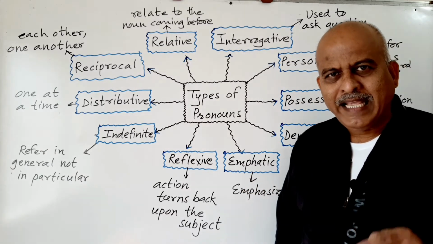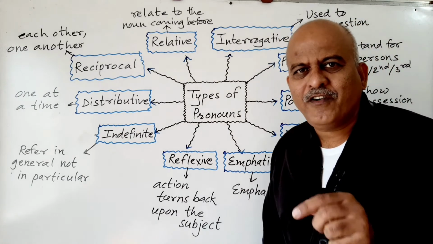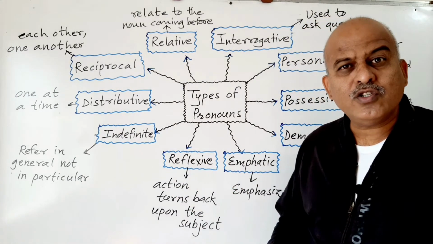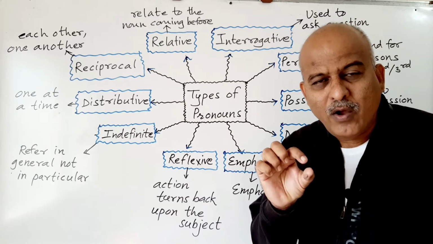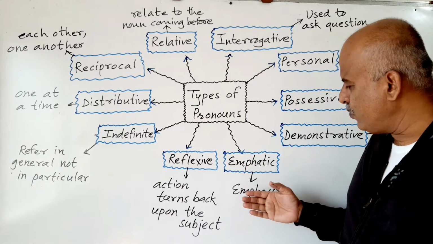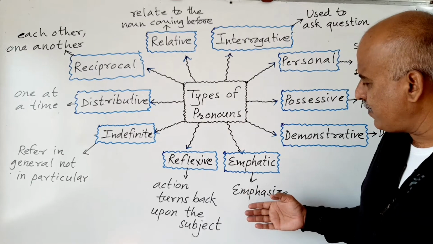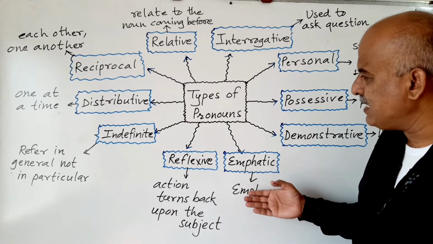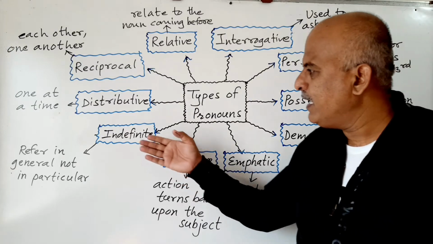For example, he himself finished the job. Who finished the job? He himself. We have used himself to stress the pronoun he, and that's why it is an emphatic pronoun.